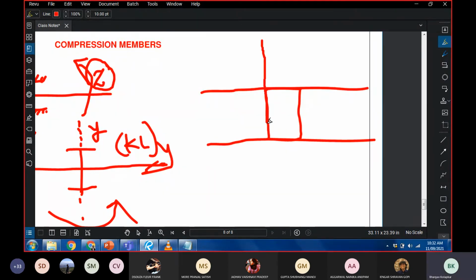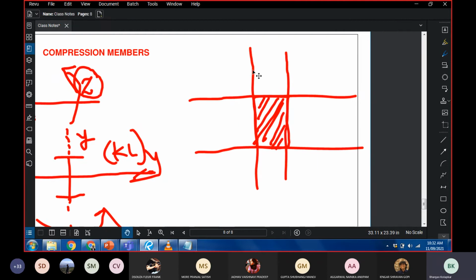This is the beam in one direction, this is the beam in the other direction. Just give me a moment to think. Okay, let me make a slight modification here.